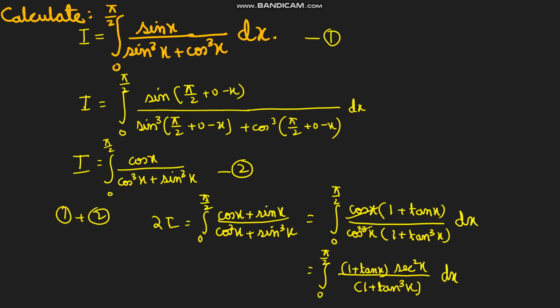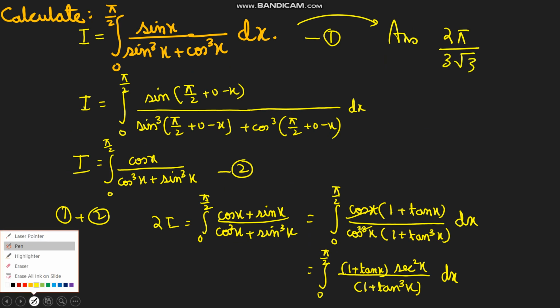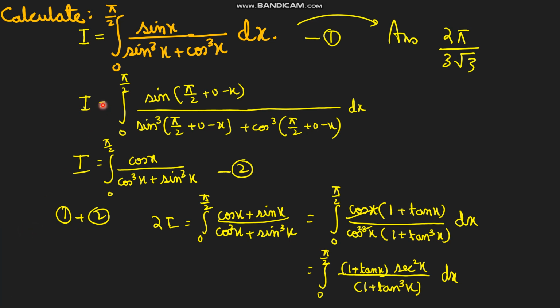So this was our question. The answer is 2 pi by 3 root 3. Just revising the things once. I used the property that if we substitute a plus b minus x in place of x, the integration remains the same. I used that here.